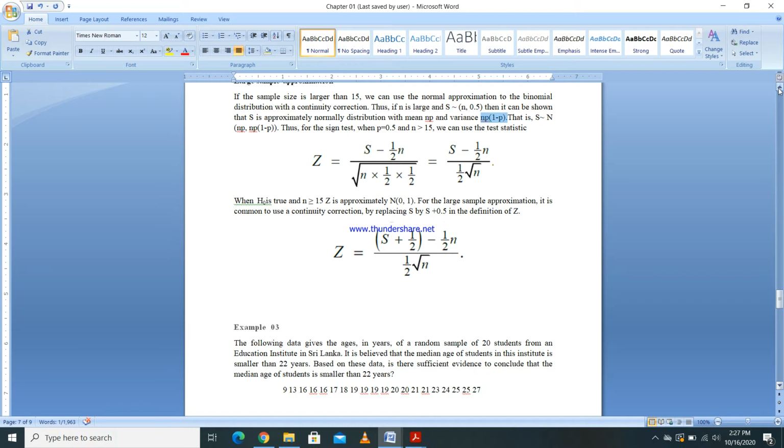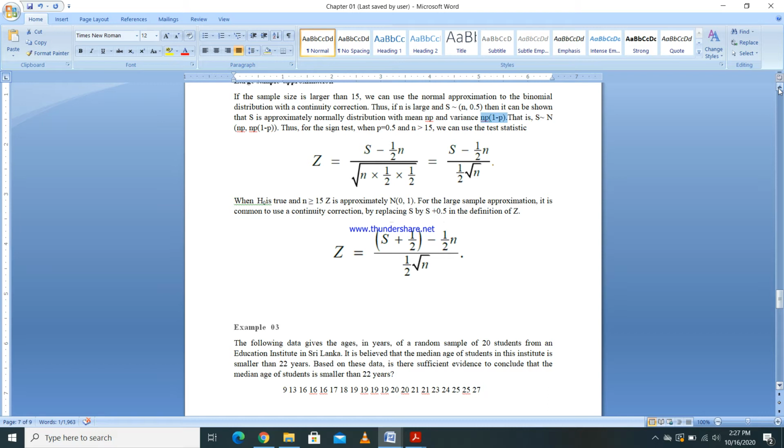Based on this data, is there sufficient evidence to conclude that the median age of students is smaller than 22 years? So what can you do? In this case, you have a sample where you have 20 values, that is, you have more than 15 observations.